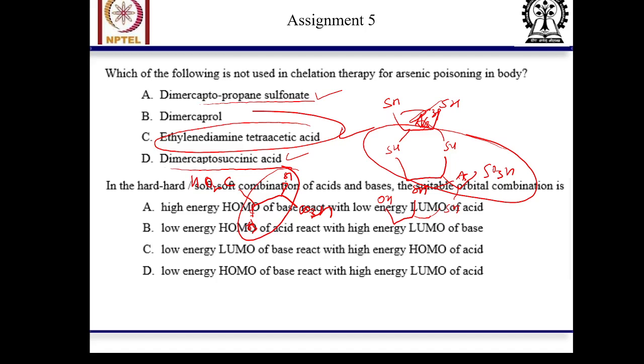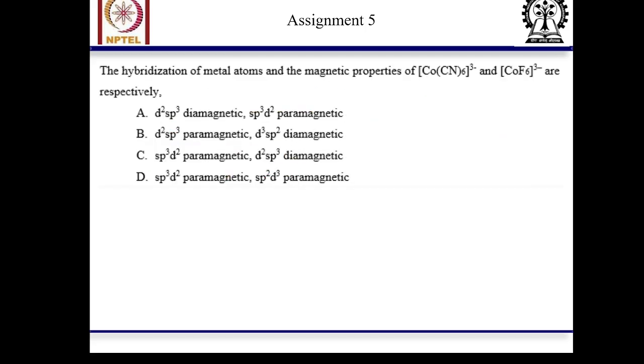Low energy HOMO of base reacts with high energy LUMO of acid. This is the most important thing. Low energy HOMO of base reacts with high energy LUMO of acid. That is the correct answer.